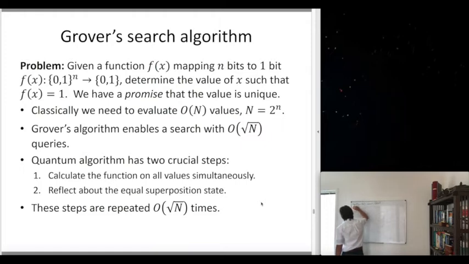Also, when I apply u of omega to x and the result equals x, then it is because omega does not equal x, therefore f of x equals 0. Another way of writing this would be, again, taking u of omega x, and let's say we have auxiliary bits, which we will also see in that circuit diagram that I have on my following slides. Then the result would be x in that case.